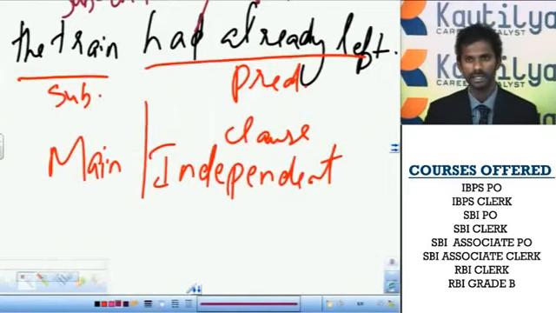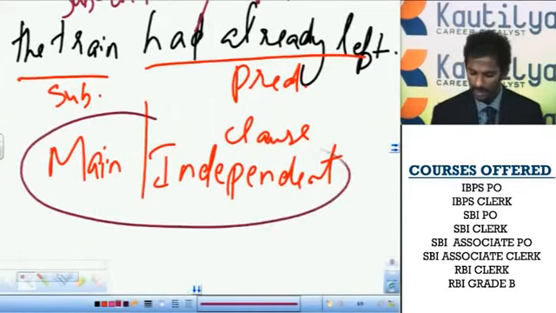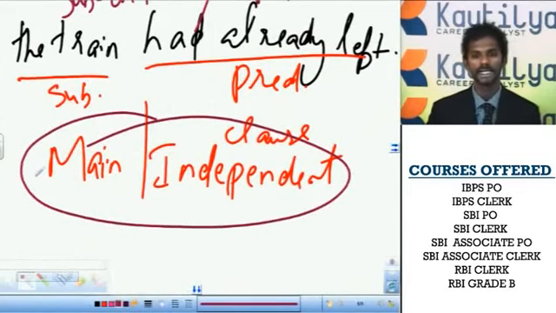So any clause that makes a complete meaning is termed as the main clause or the independent clause.